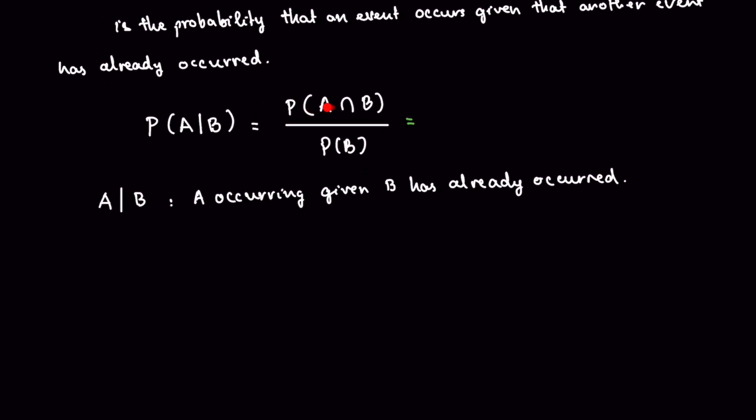I can turn the probability of A intersect with B into cardinalities. The numerator becomes the cardinality of A intersect with B divided by the cardinality of the sample space, over the cardinality of B divided by the cardinality of the sample space. We technically just apply the definitions of probability.